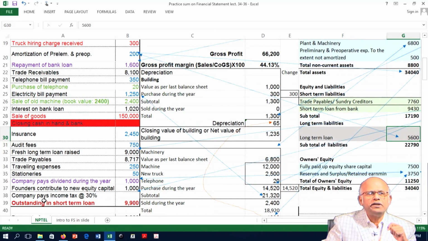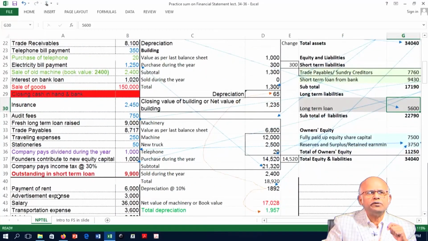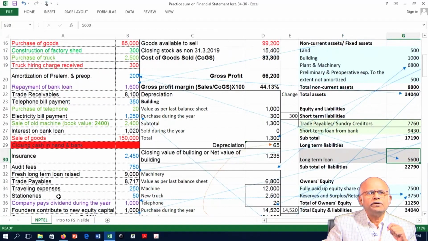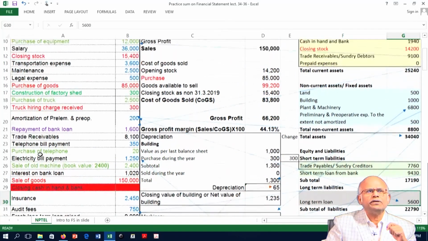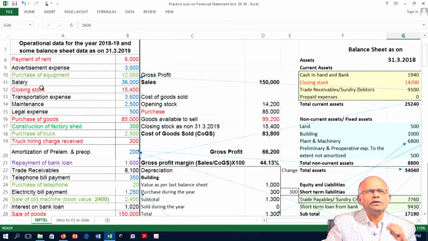Now, let us see if you have made any repayment, long term loan repaid. Do you see anything here? Repayment of long term loan. So, it should be payment of rent, advertisement, then repayment of bank loan is only 1,600.